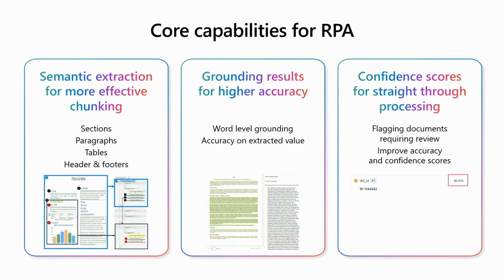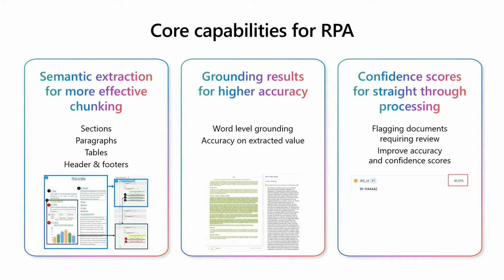The core capabilities underlying this start with the understanding of the structure of the document. We can use that structure to generate the right representation of the document for the model to extract the values that you need.